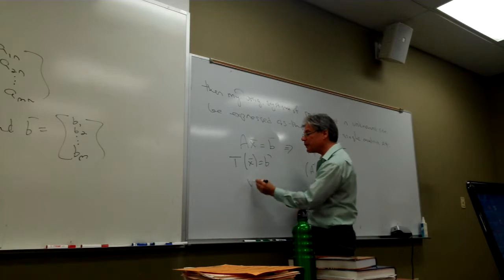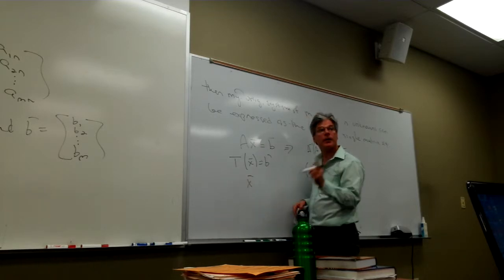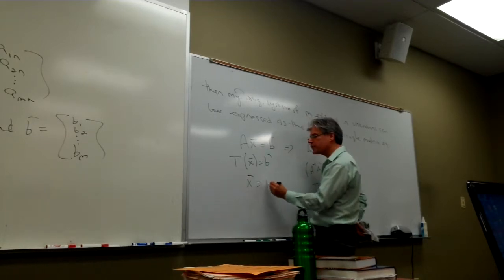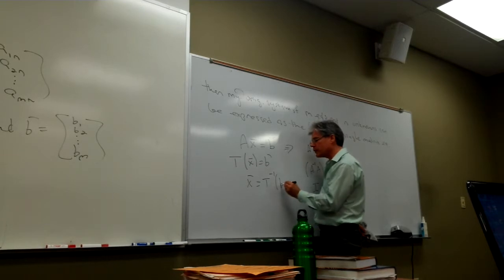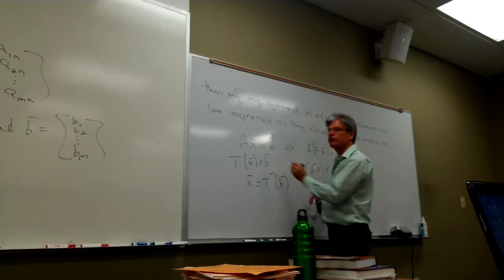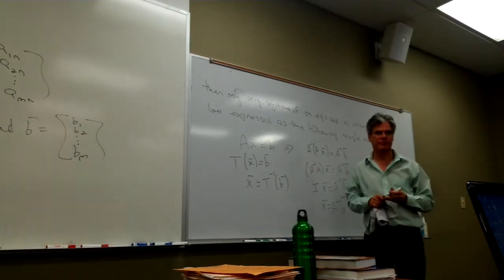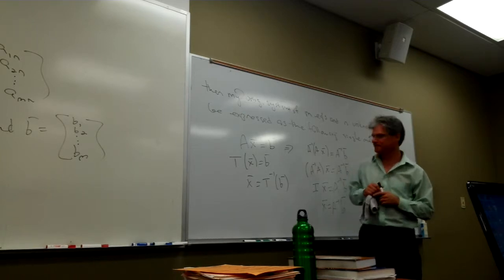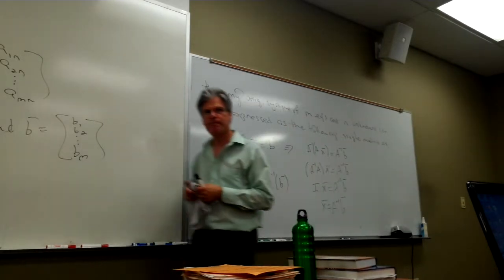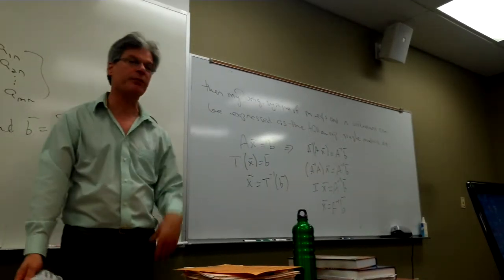And to find out what the x bar is, we'll apply the inverse transformation to both sides, which is exactly what's going on. But that's not going to come for quite a few more chapters, maybe 3 chapters. But yeah, I agree completely. Multiplying by matrices is a linear transformation. I'll prove that to you.